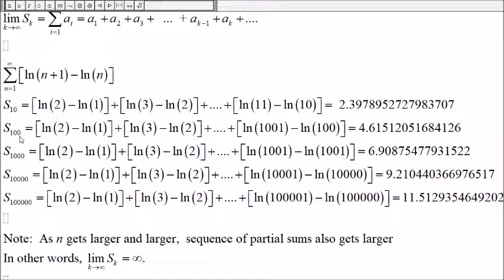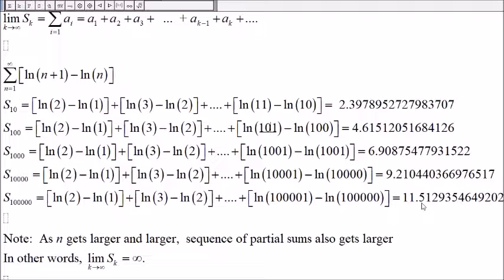The sum of the first 100 terms is about 4.6151. The sum of the first 1,000 terms is about 6.9. The sum of the first 10,000 terms is about 9.2. And the sum of the first 100,000 terms is about 11.51.